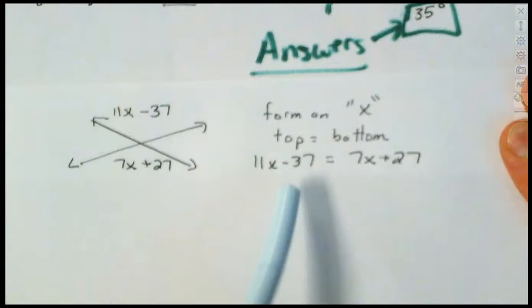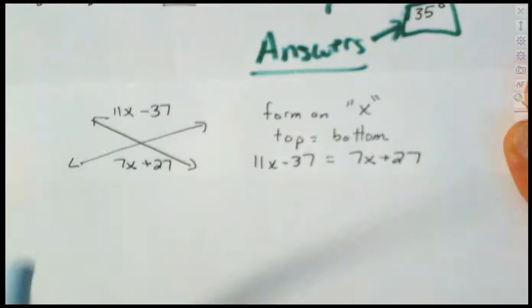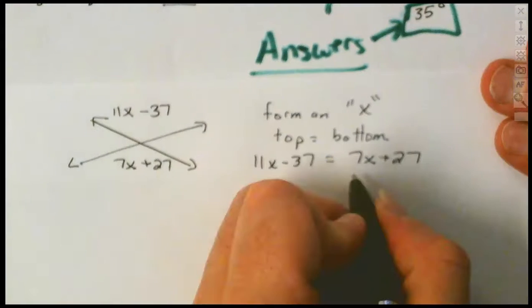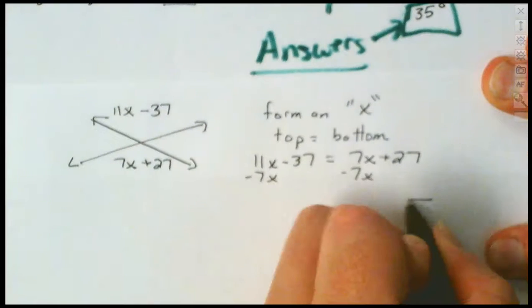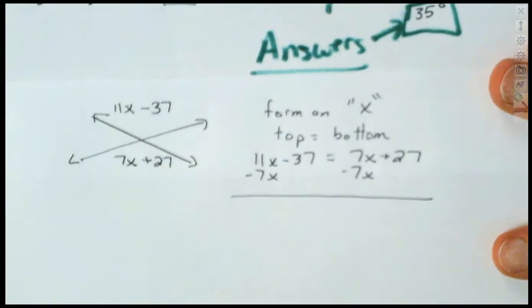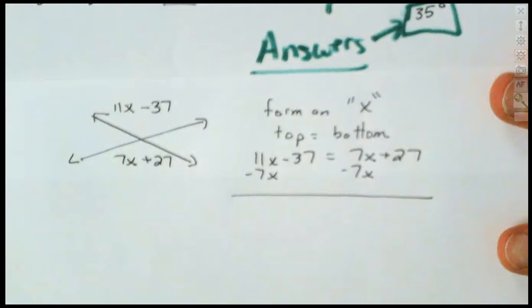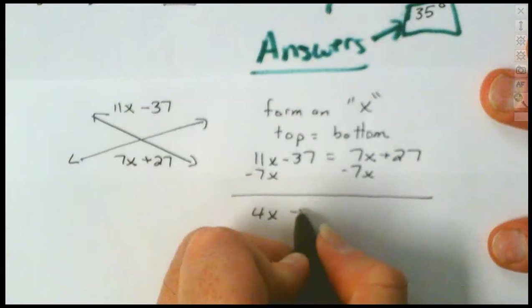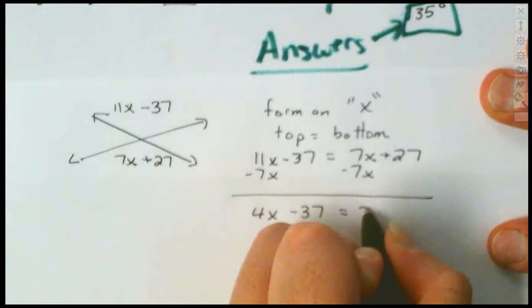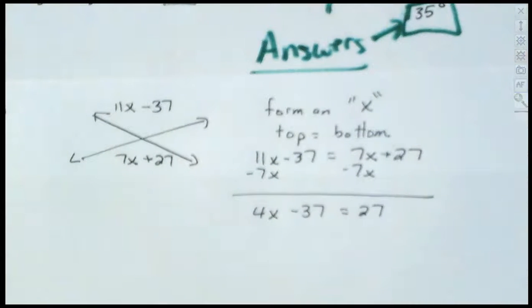So now we know these are going to be equal. Now we can solve it. Move that 7x over with subtraction, just like you always would. And now we've got 11x minus 7x. That makes it 4x minus 37 equals that 27.